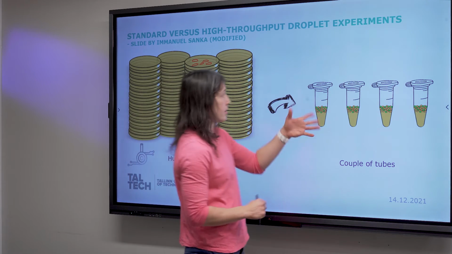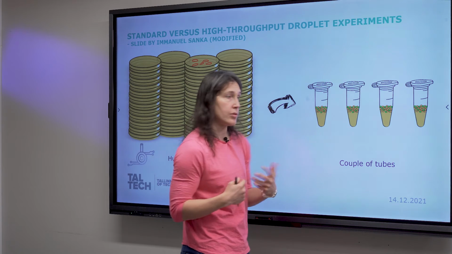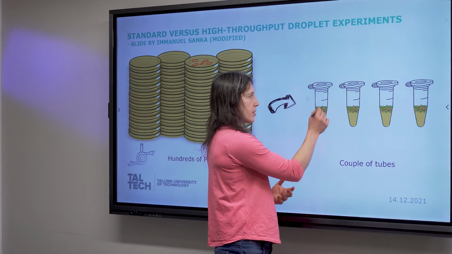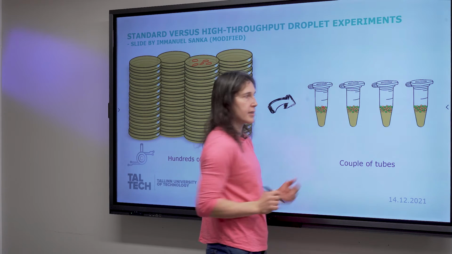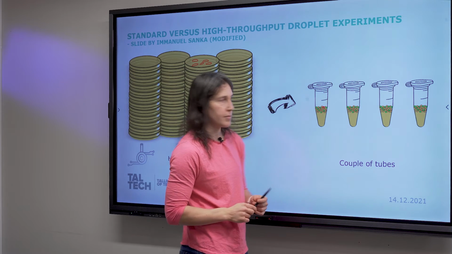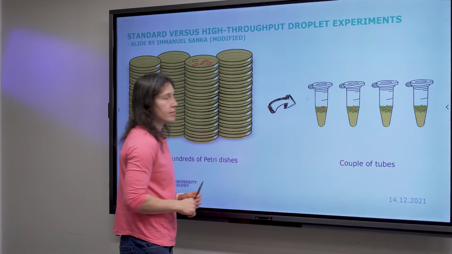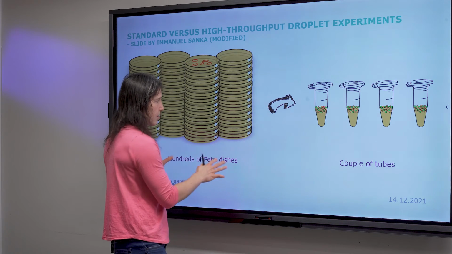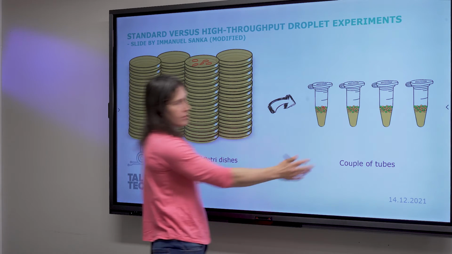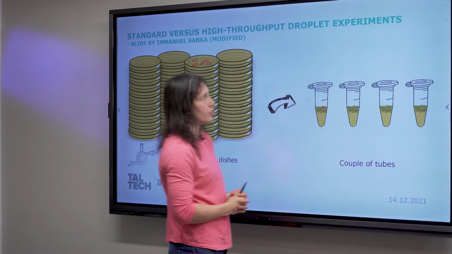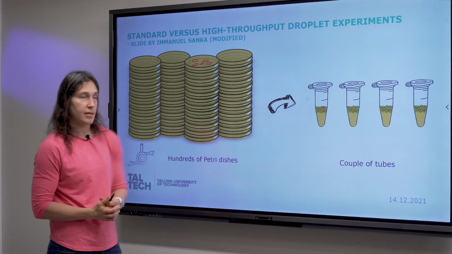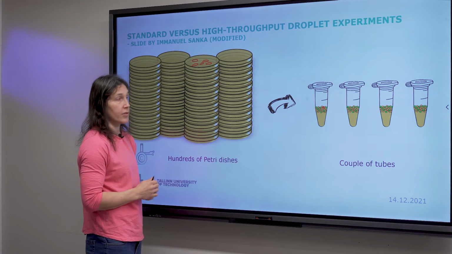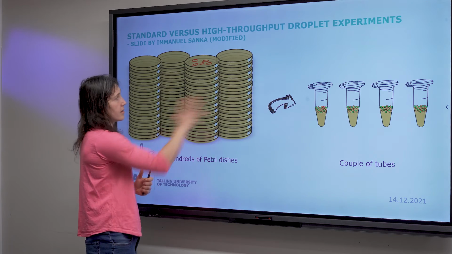While with the high throughput way, what we do with droplets, you can just have a couple of tubes with droplets that each can then have the antibiotic. So hundreds, thousands versus just a couple of tubes. It's very nice to use droplet microfluidics instead of the standard way.